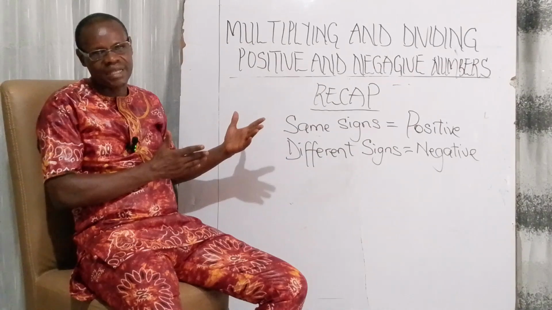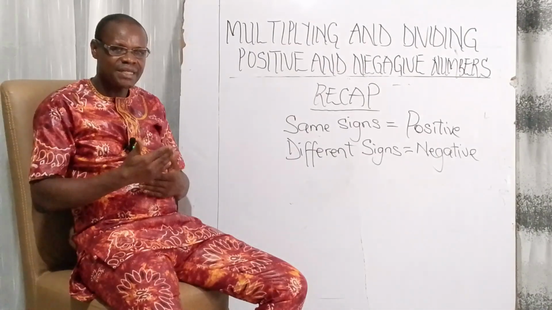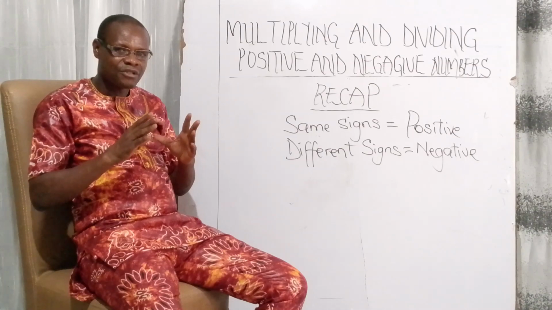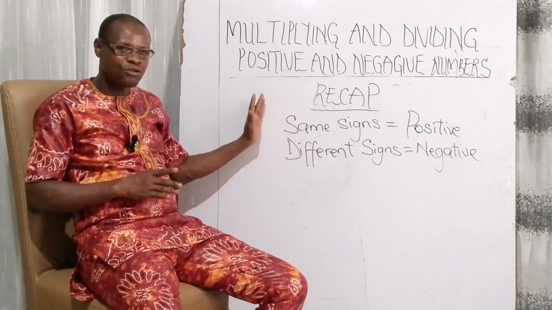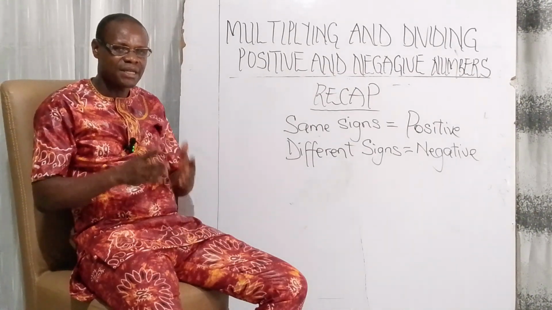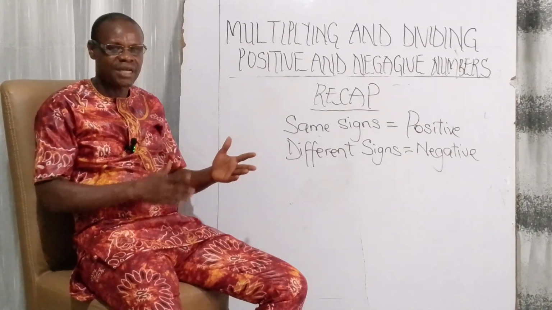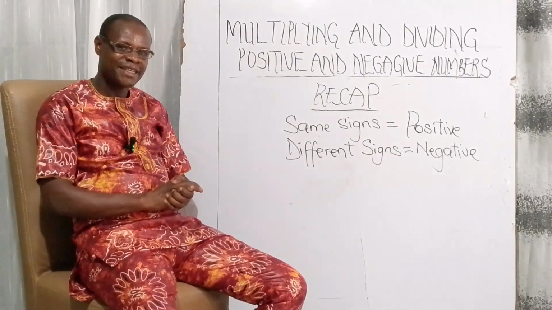So we only consider examples with smaller numbers in this video to make it easily understandable to you. So get to understand that this rule is applicable to virtually any number of any size, as well as multiplication and division.